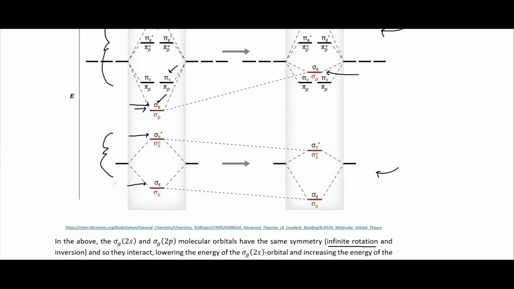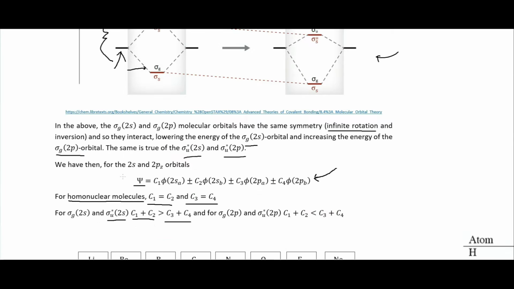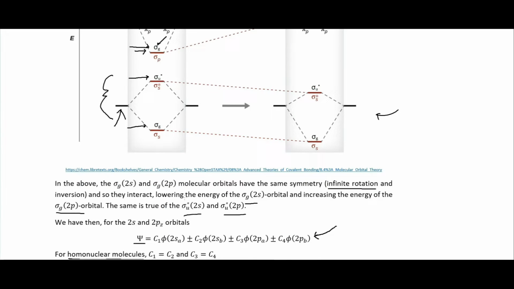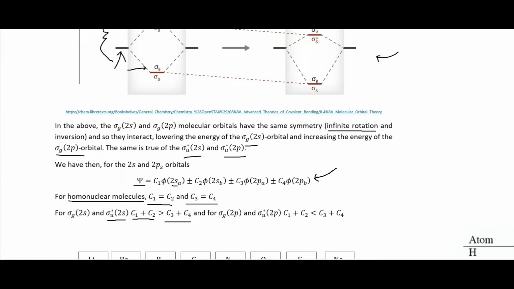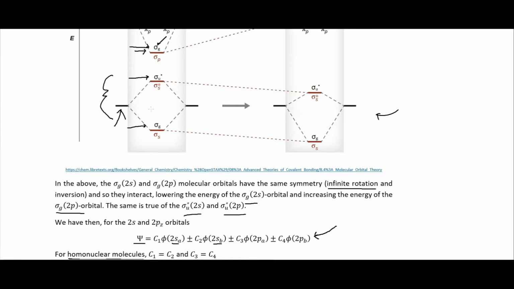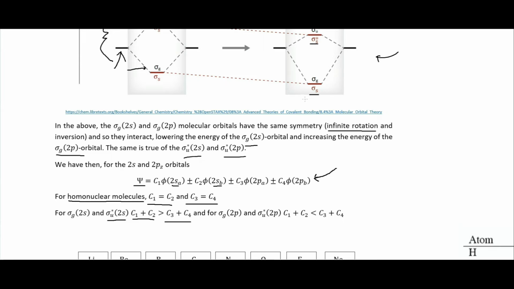2s orbitals here are going to be contributing more to the bond. So those are the 2sa and the 2sb. Those are contributing more to this bond right here, this sigma s and sigma s star, or the sigma g and sigma u star.